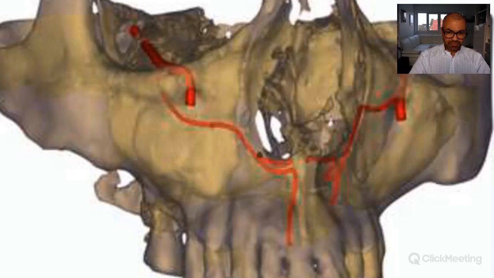And here on this 3D image, I'm sorry, it might be a little bit blurred, but you can see the thick red infraorbital artery and the infraorbital nerve. And just downwards, you see another accessory artery, nerve and vein channel.